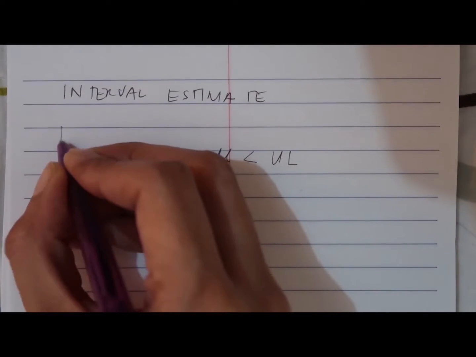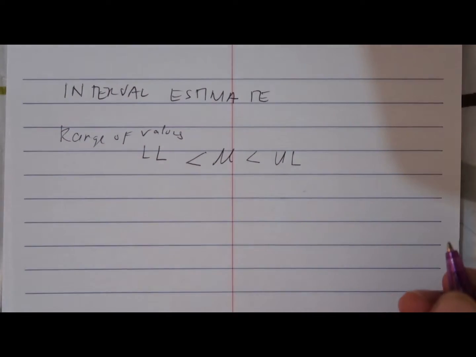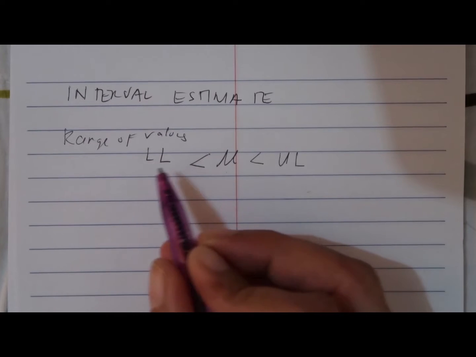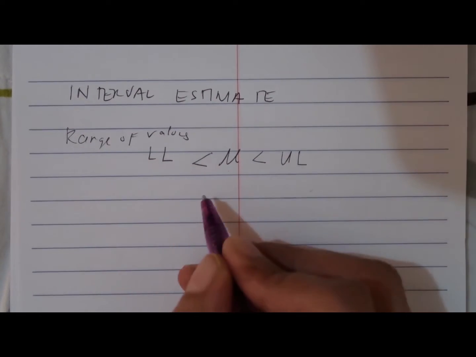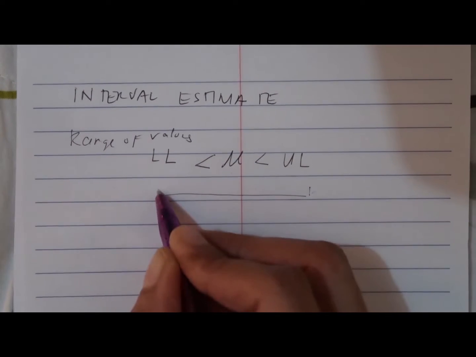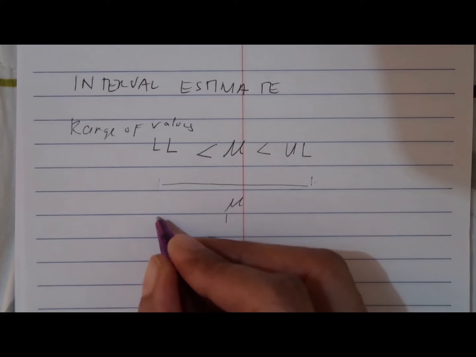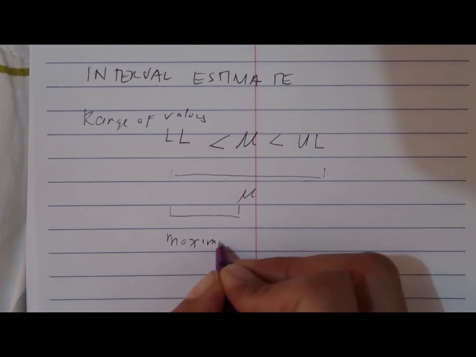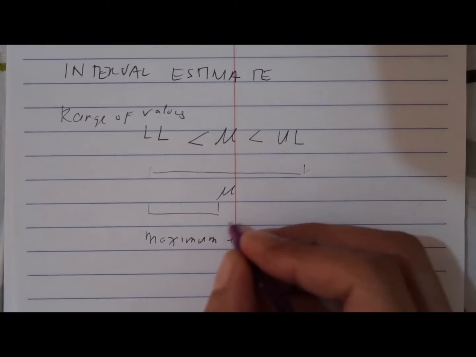Population mu is greater than the lower limit but less than the upper limit. So mu here, you're referring to the maximum allowable error.